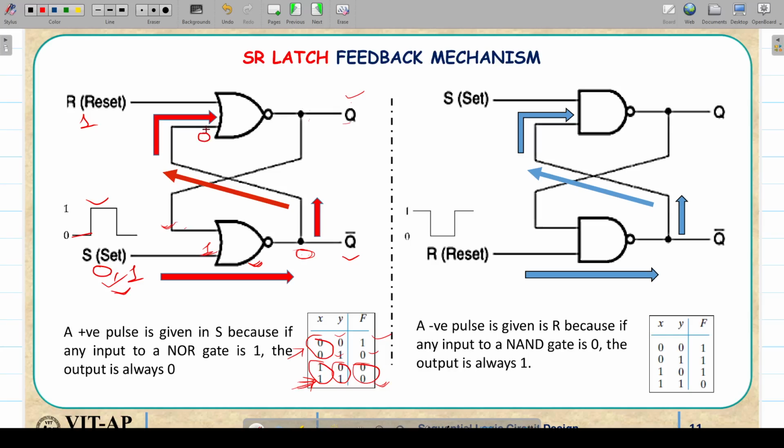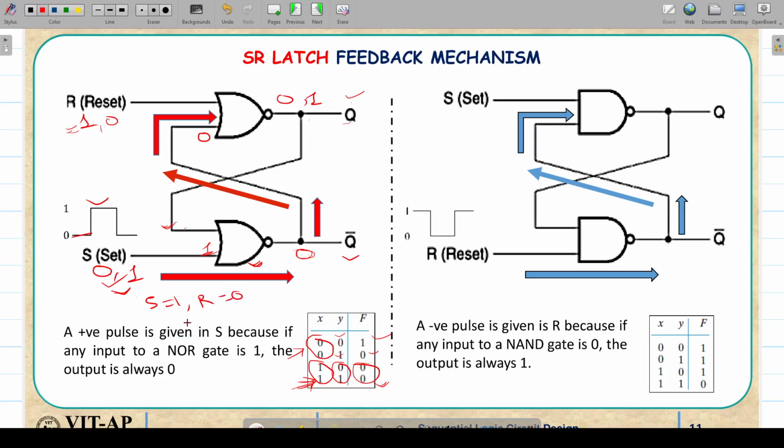Then what will the other input be? If the other input is 1, the value will be 0. If the other input is 0, then the value will be 1. Depending on this is the condition, but here we are looking at a condition where S equals 1 and R equals 0. Let's say both are different.